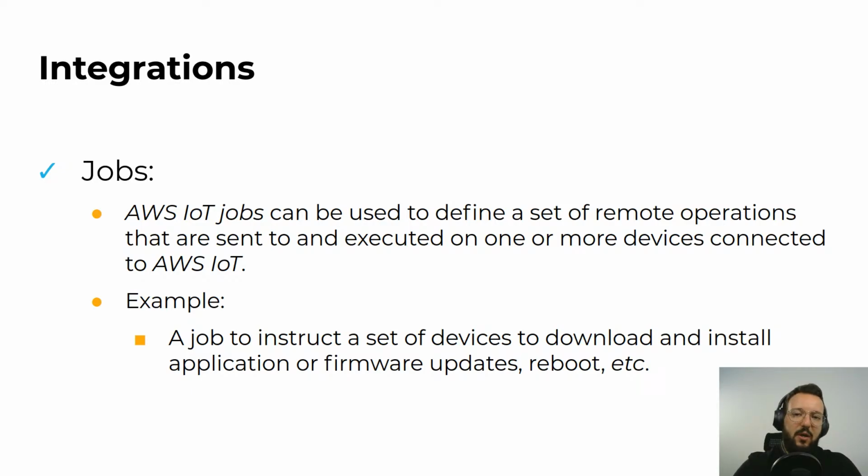So those jobs are executed on the devices, on the edge, but they are scheduled and managed on the AWS cloud side. So you can define those set of remote operations based on your needs and based on your integrations.